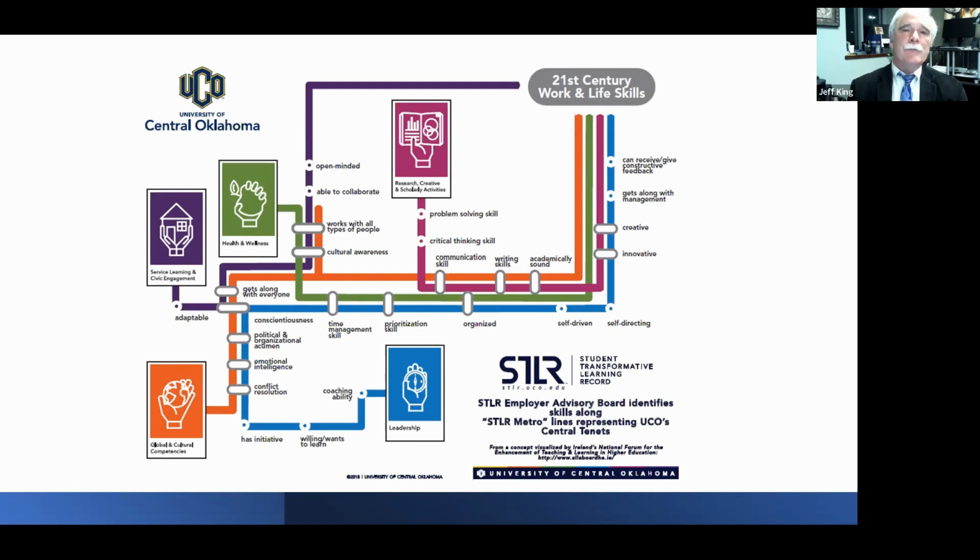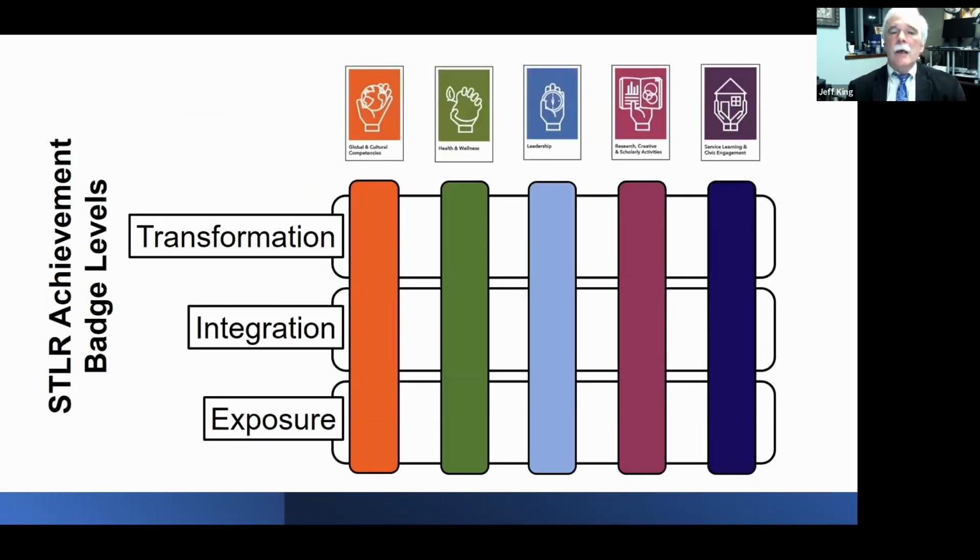These representatives to our Employer Advisory Board, incidentally, represent most of the major workforce sectors in our metropolitan area. We have 3 levels of achievement in these essential skill areas.